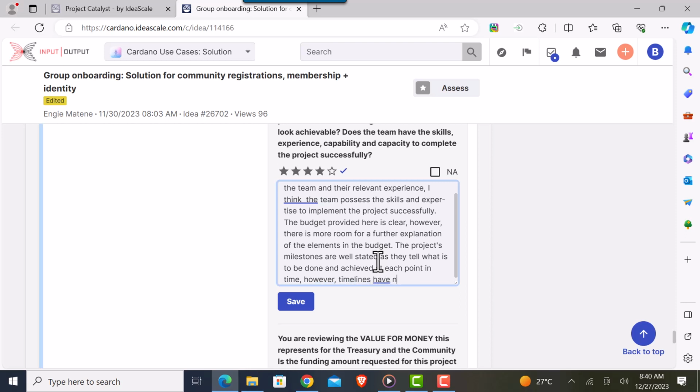However, timelines have not been included to these milestones.